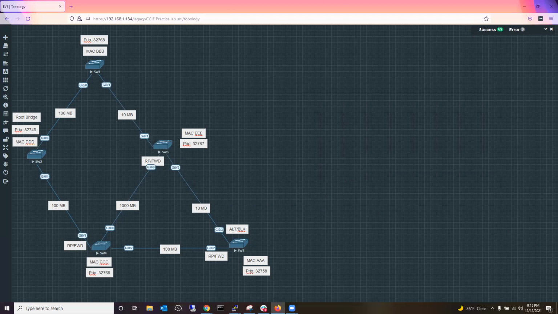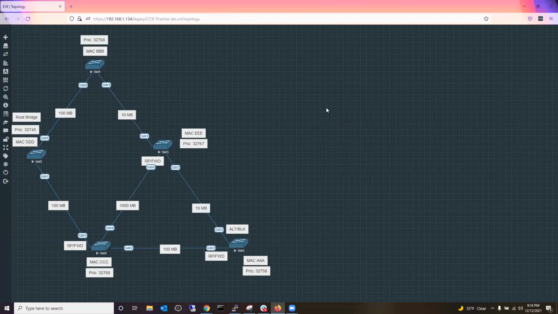Gigabit 0/3 would be in an alternate/blocking state as well. Okay. That's what you're telling me, right? Yes, that's what I'm telling you, but I'm trying to figure out a way to explain. Got you. Okay.